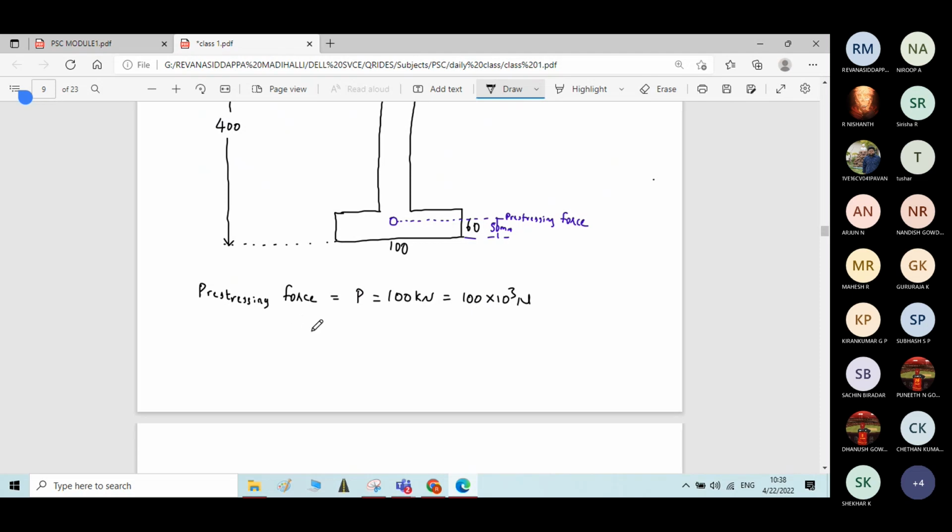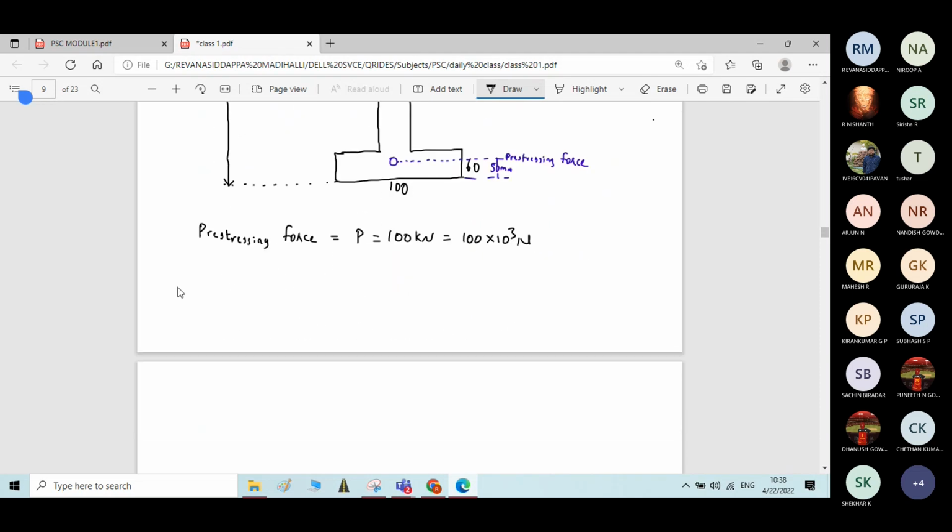Then P by A, area is required, area of cross section.